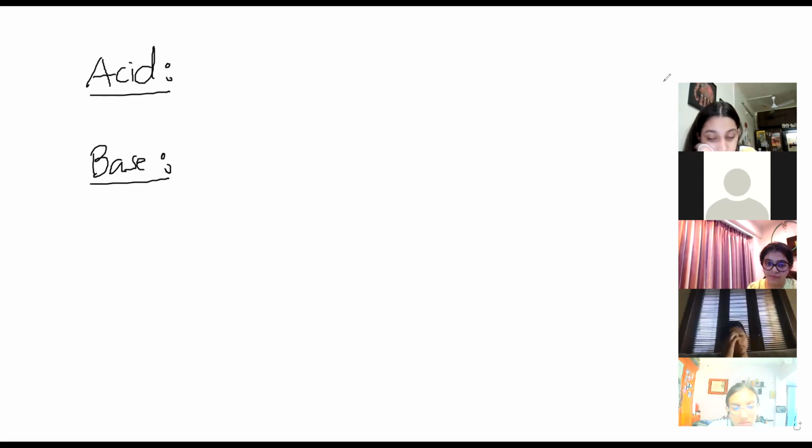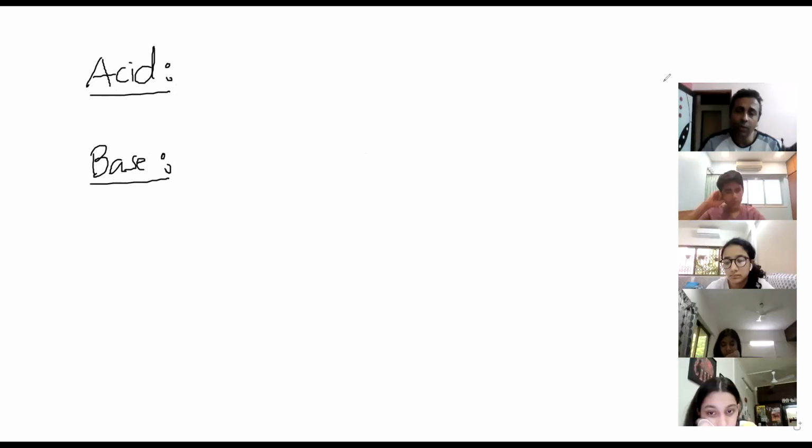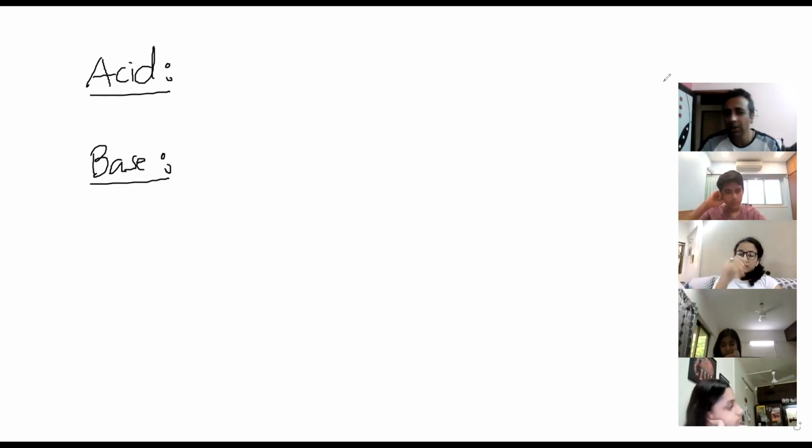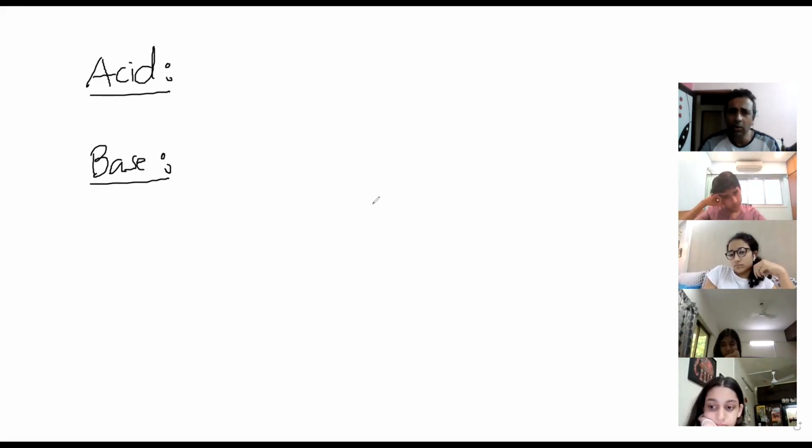We have the old definitions, like acid is a substance which will have a pH less than 7, or acid is something that will turn litmus red, etc. Those are the old definitions of acids and bases.